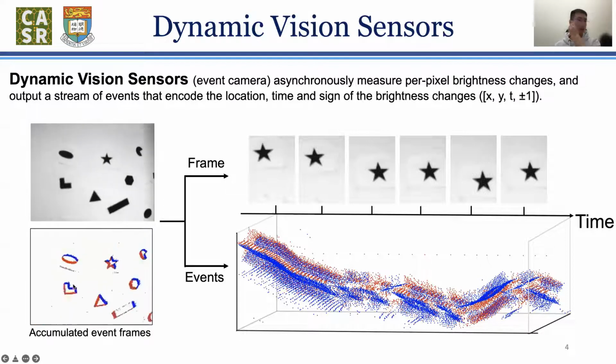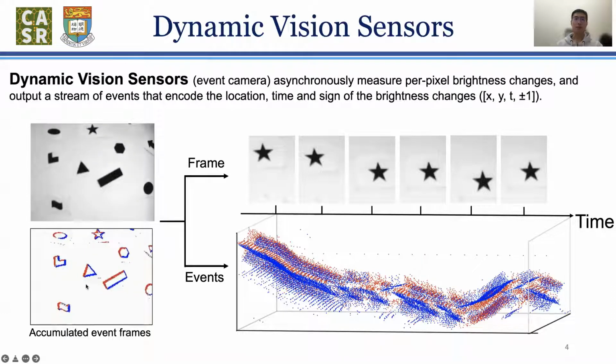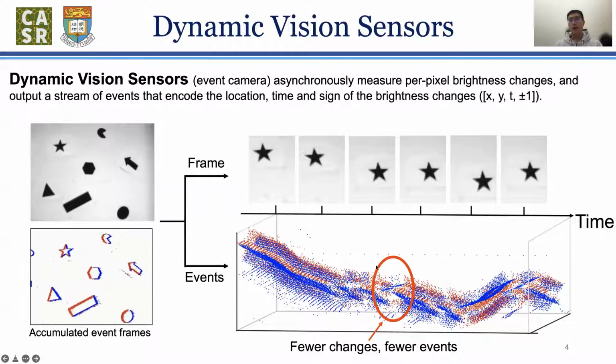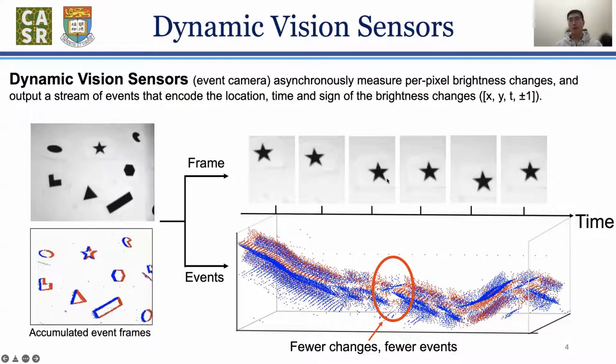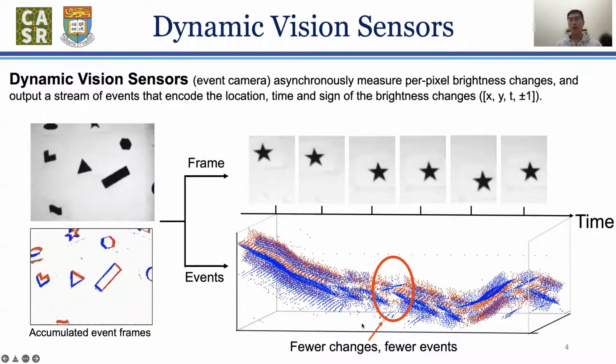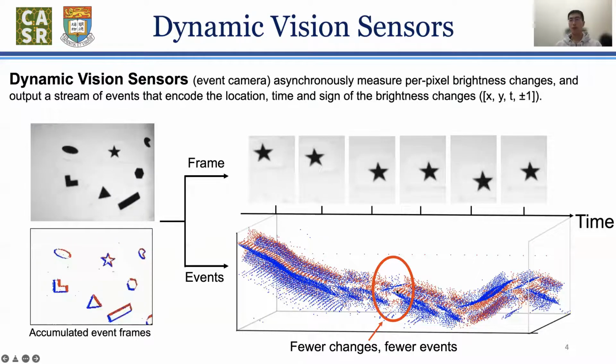We can see that the event camera's output is highly sparse. Here is another example: when the stars are not moving within this time interval, there are actually fewer events because there is less change.